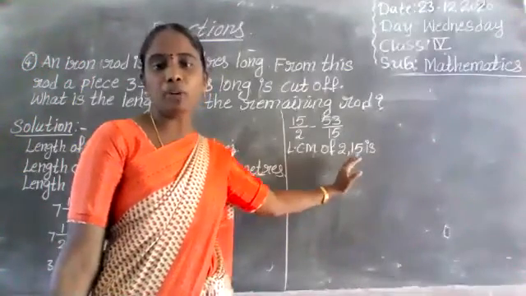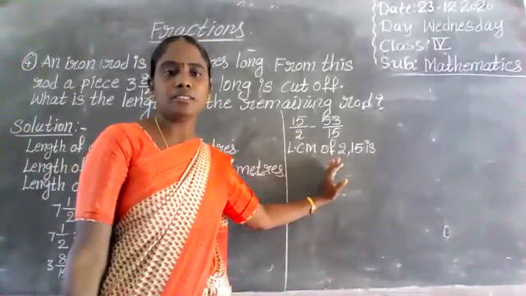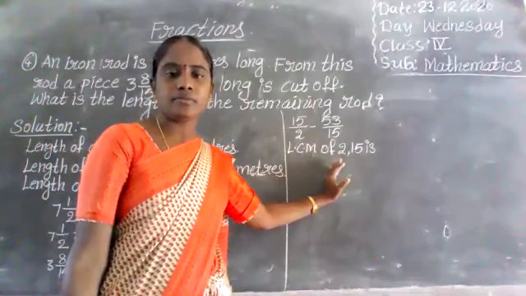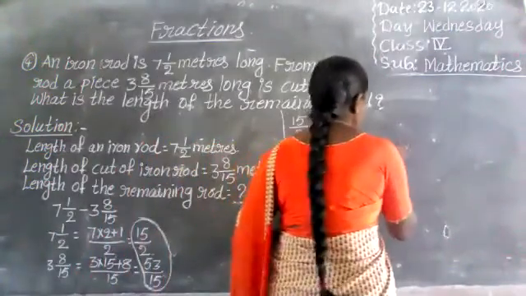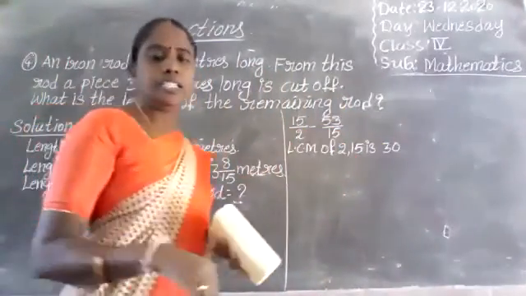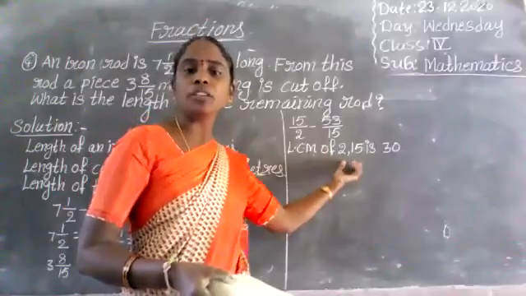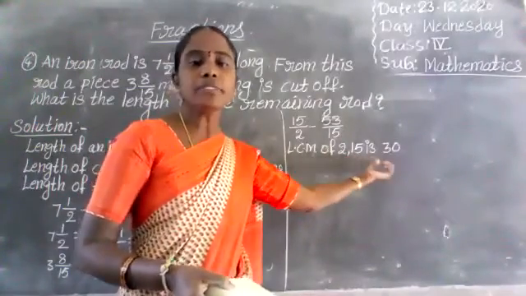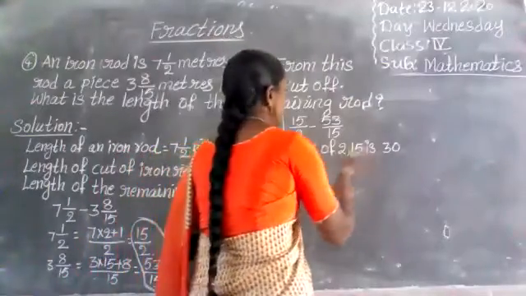What is the common multiple of 2 and 15? 30. 2 15s are 30 and 15 2s are also 30. So the common multiple is 30, the least common multiple is also 30. So what is the LCM? 30. Very good. 30 is the LCM.